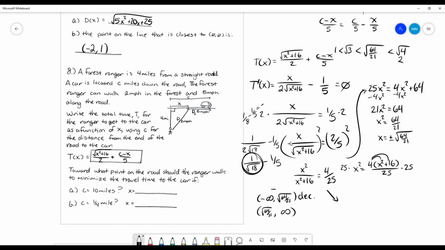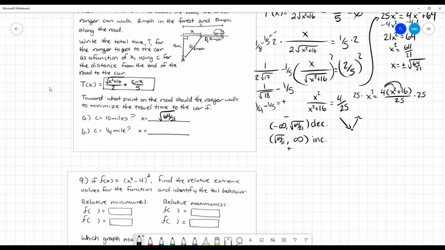Which means this is going to be bigger, because that's closer to 1/4 than it is to 1/5, and 1/4 is bigger than 1/5, so it's going to be positive. So we're increasing, which means we're at a minimum, so it does minimize the travel time, and that is within c equals 10 miles, because we know it's less than 2, so x equals that.